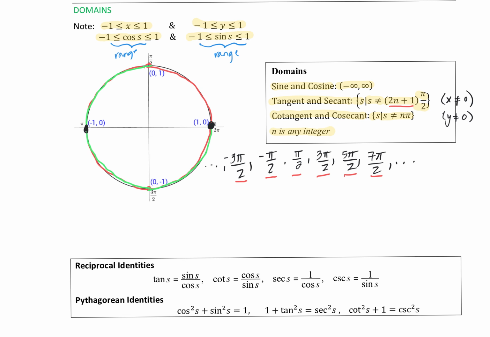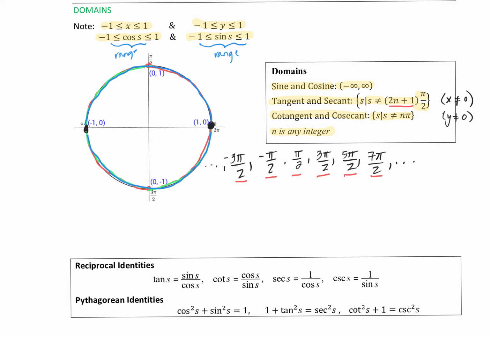If we look at this circle and we start at 0 and we travel around, we've gone a distance of pi, and that y value is 0. If we keep traveling and go another distance of pi, we're back at where a y value is 0.